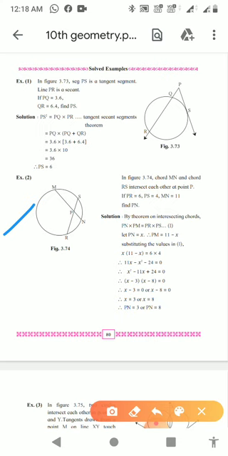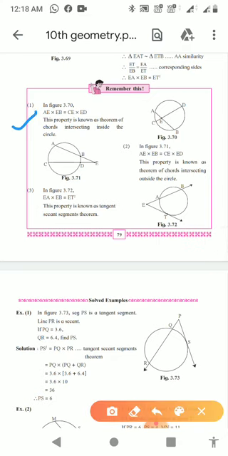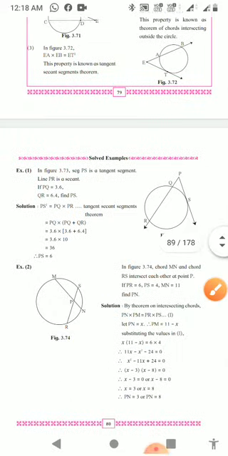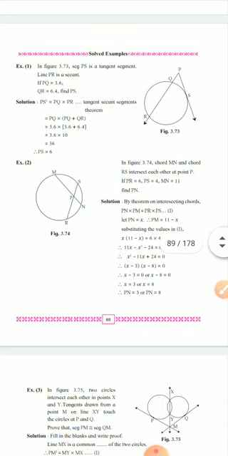Okay, then we have to use the theorem we discussed, the theorem of chords intersecting inside the circle. So I am directly using this theorem of chords intersecting inside the circle.